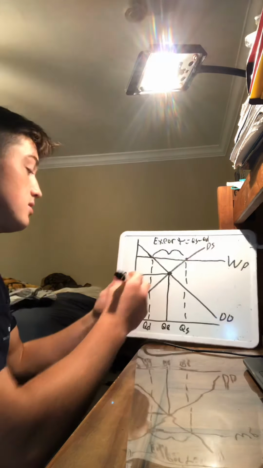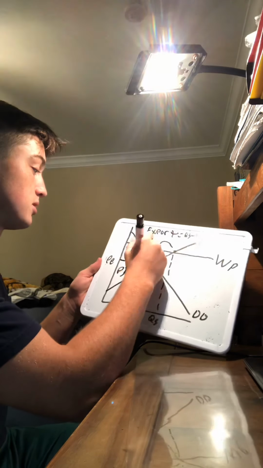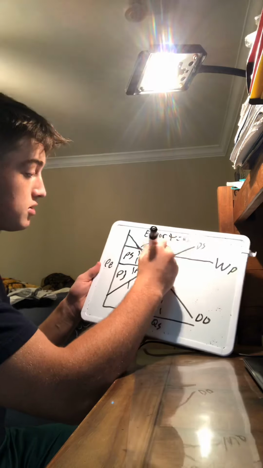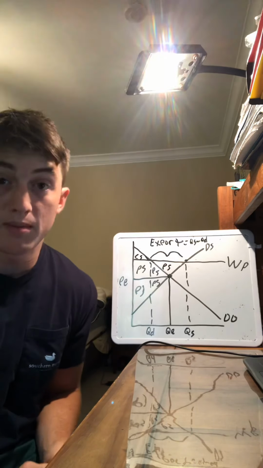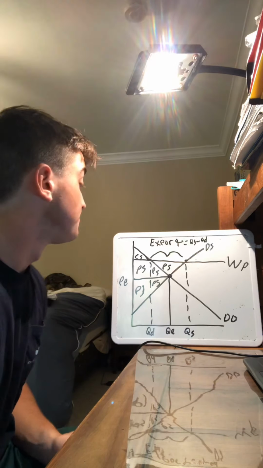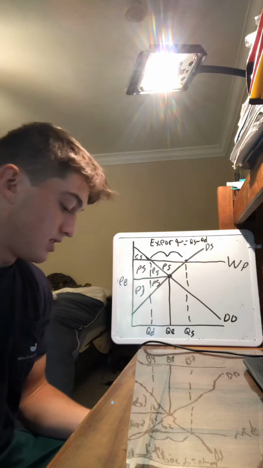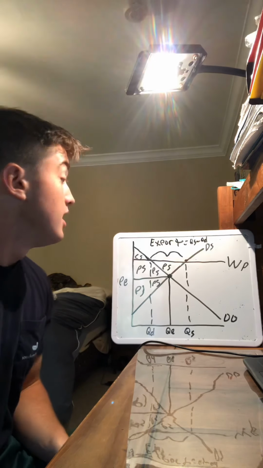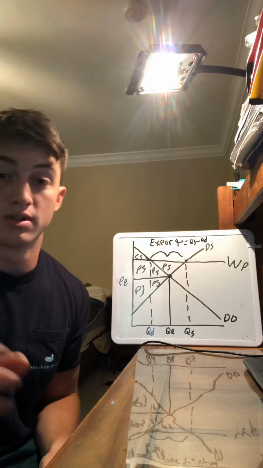You get producer surplus, producer surplus, producer surplus, and consumer surplus. So look at that. It just pretty much becomes all producer surplus. The consumers still get a little bit of surplus, but they don't want it as much since now it's costing more in the domestic market because they're selling it to foreign markets, and that is exports.